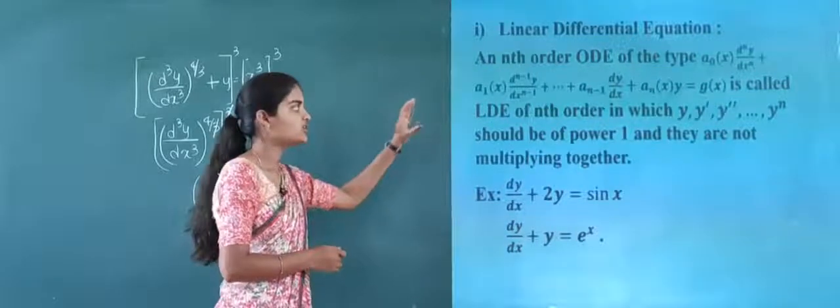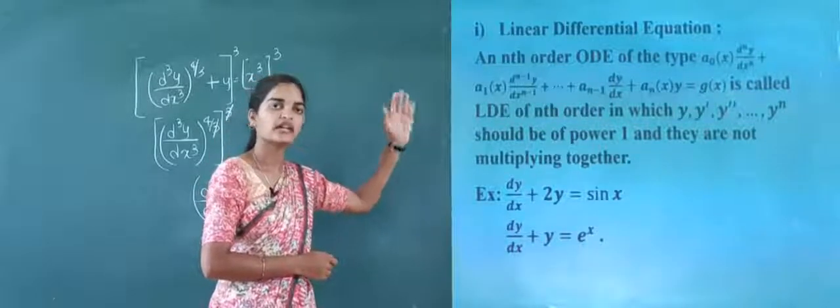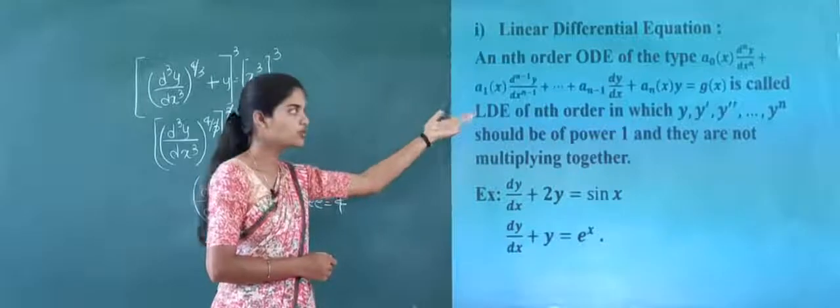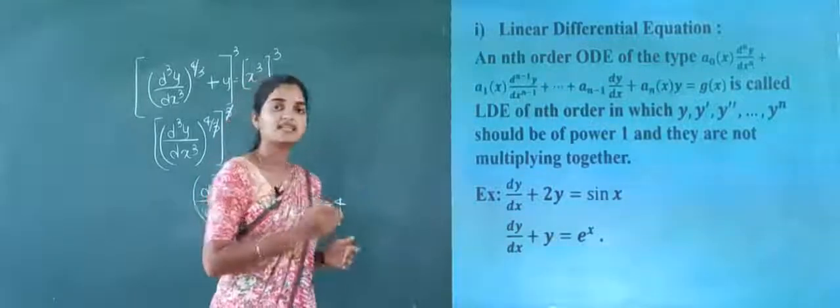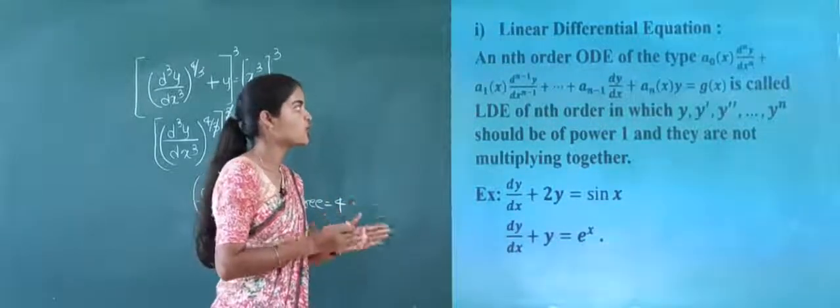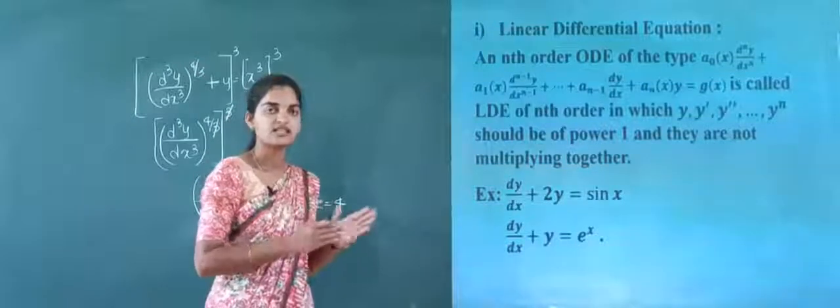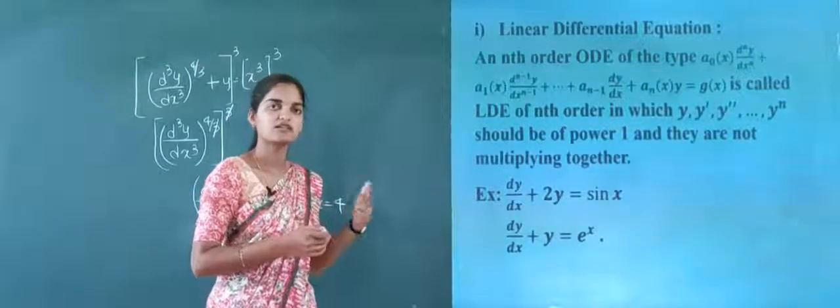Now one ordinary differential equation we will take of the nth order, that is this one I have told you, and it is called a linear differential equation of nth order if it satisfies two conditions.